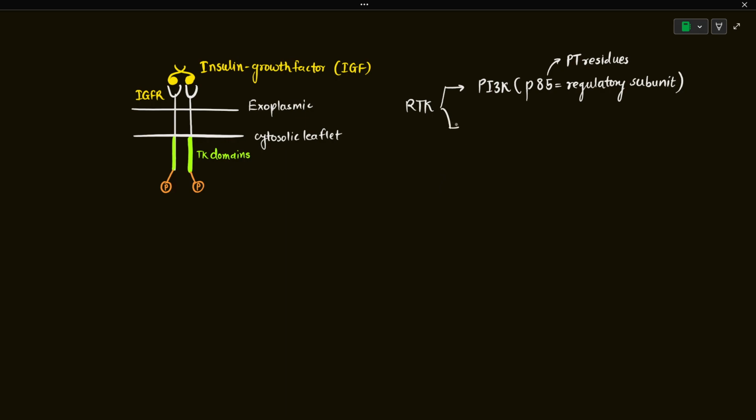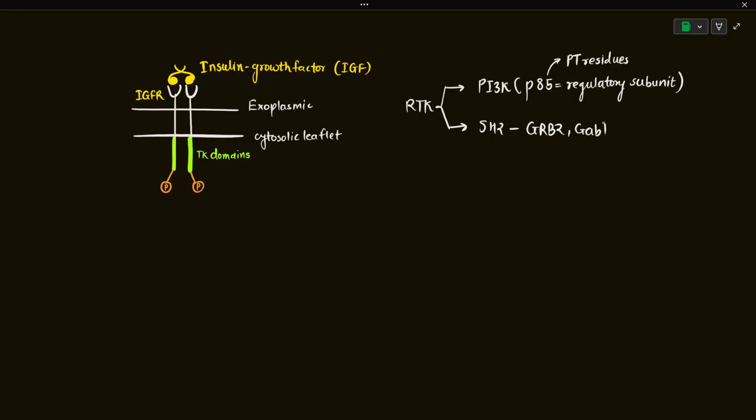But the other way of activation of PI3 kinase is that instead of attaching directly to this receptor tyrosine kinase, some adapter proteins attach themselves to those phosphotyrosine residues, SH2 domain-containing adapter proteins such as GRB2 or GAB1.